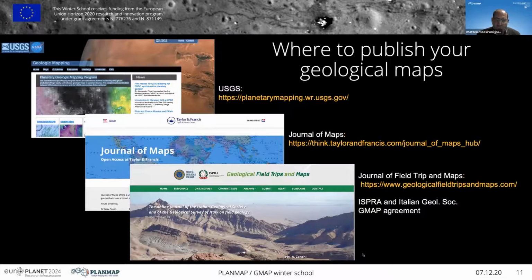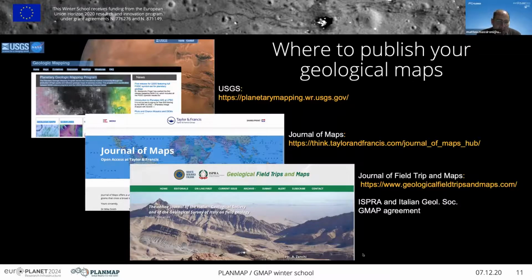Normally, when you do your map, it could be in support of your scientific paper, but in that case you have just a figure that cannot be used by someone else. So GMAP wants to collect the maps in WebGIS and be useful even for other people.